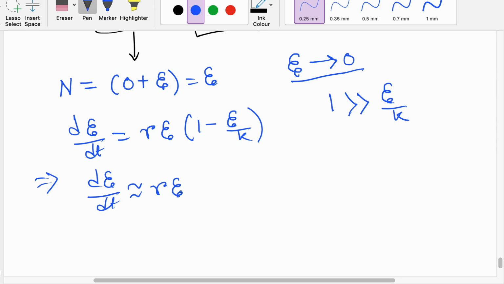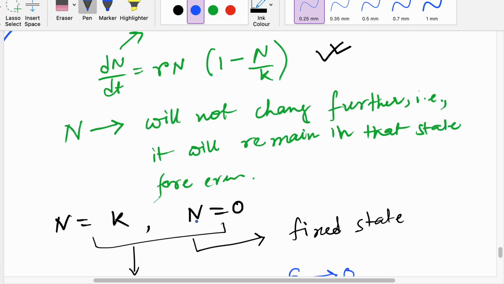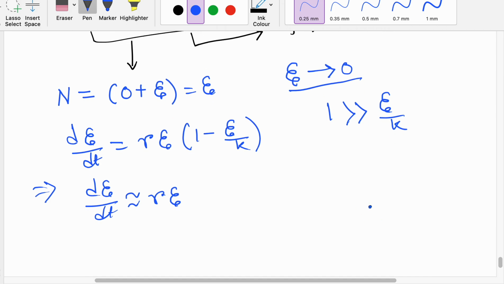as r epsilon. So you can understand that in the neighborhood of 0, suppose it is a one-dimensional equation, so write it this way. Suppose N equal to 0, and in this point, this is epsilon.